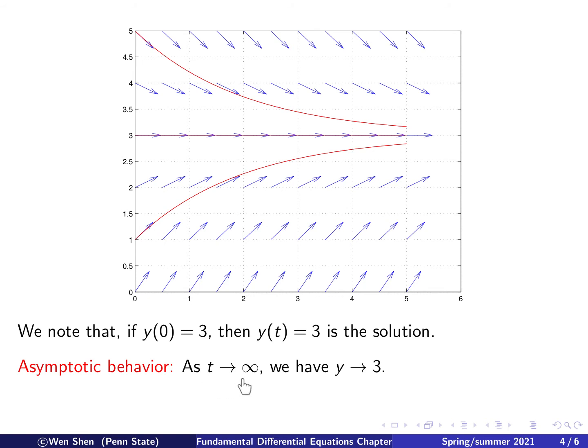We can also discuss when t goes to negative infinity, but we will not do it for this example. And we see from our discussion, no matter your initial condition, let it be 3, or bigger than 3, or less than 3, all of them will asymptotically approach the value y equals 3.